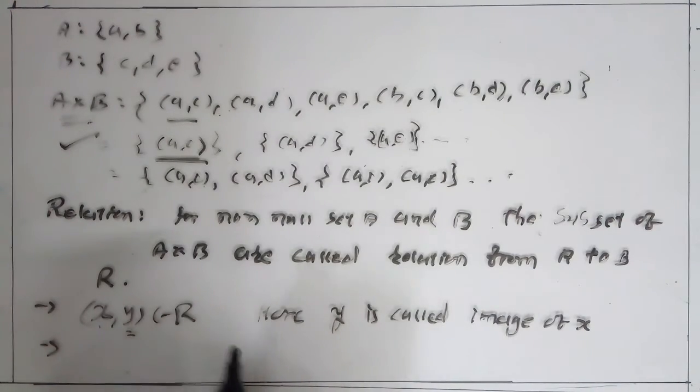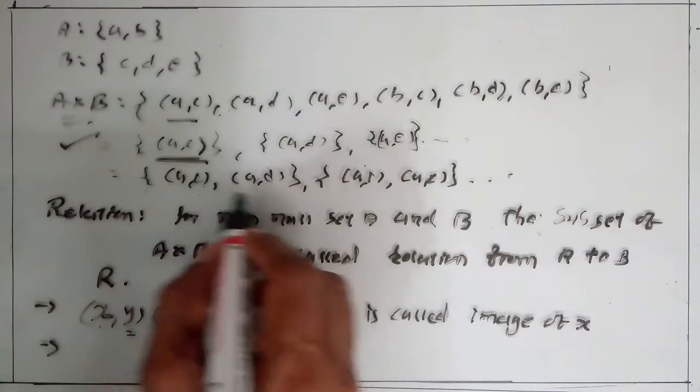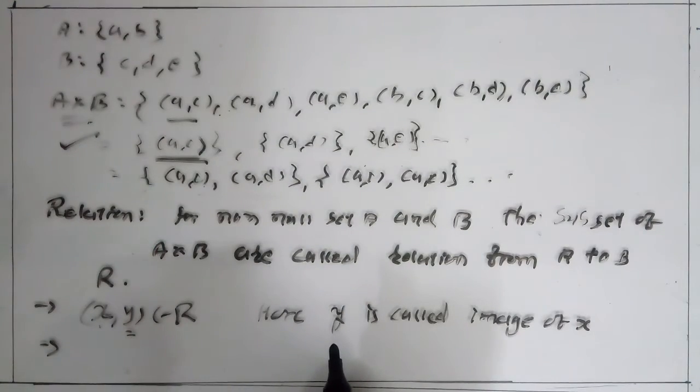Clear? And the second element of each ordered pair is called the range of this relation.